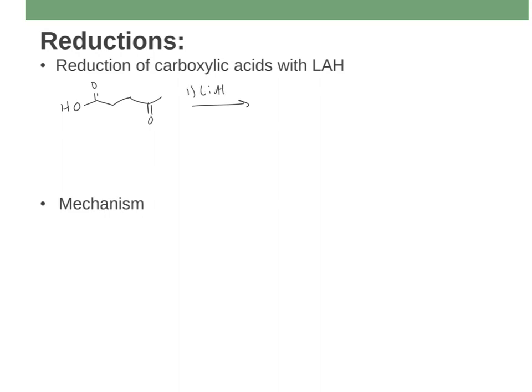If you add lithium aluminum hydride, and again, you may see something like THF or diethyl ether as the solvent. You may not, that's fine. But if you see one of these polar aprotic solvents, just roll with it. And then you need some sort of acid workup. This can be water or an acid. And this is just to protonate the O- that you're going to have, right? So it can be water or whatever acid you want.